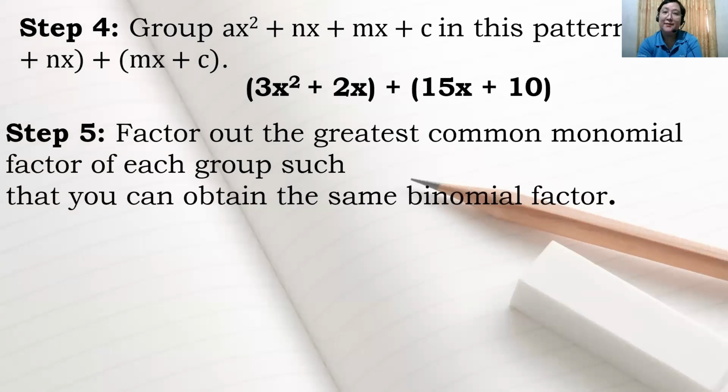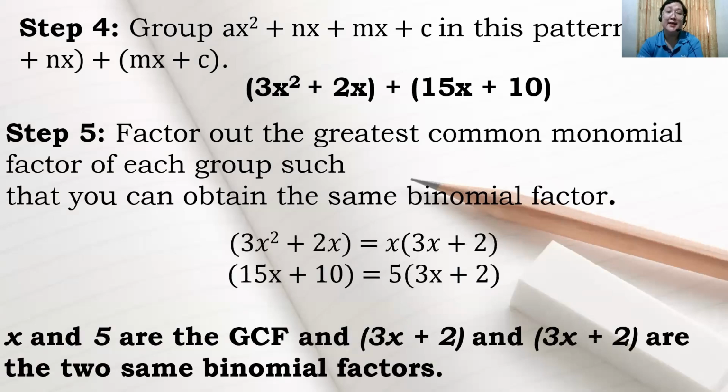And next, we have to factor out the greatest common monomial factor of each group such that you can obtain the same binomial factor. So we have 3x squared plus 2x. Their common factor is x, and then the other factor is 3x plus 2. So how did you get that?